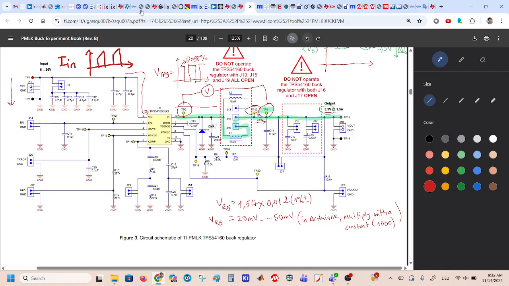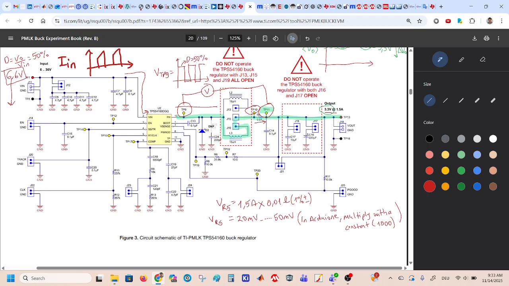Let's write the transfer function. Duty cycle, output, input. If it's 50%, input should be the double of the output voltage. So we will always test our measurement with 6.6 volts here at the input side.